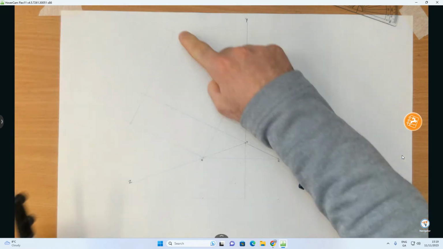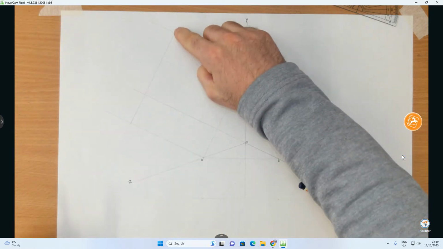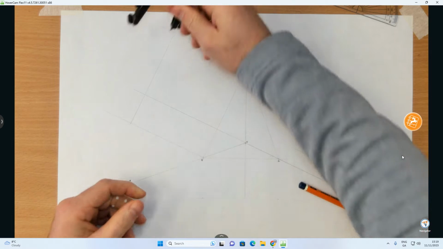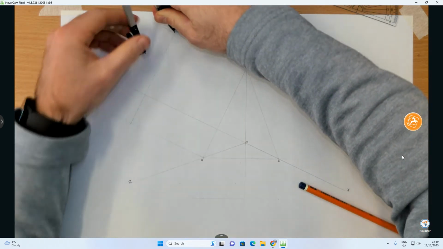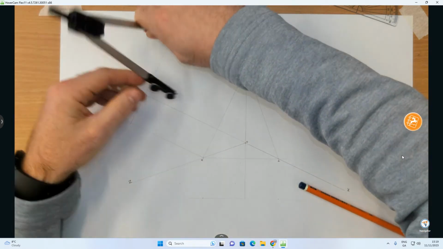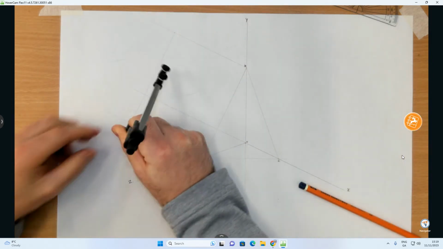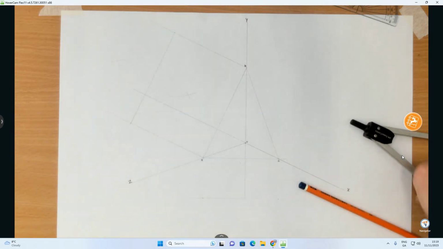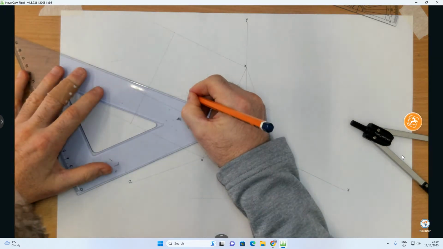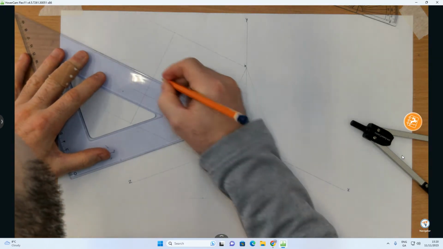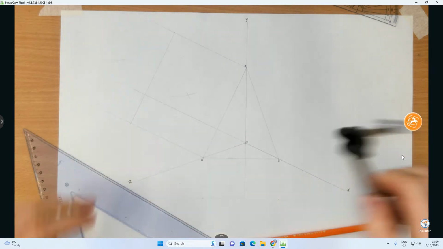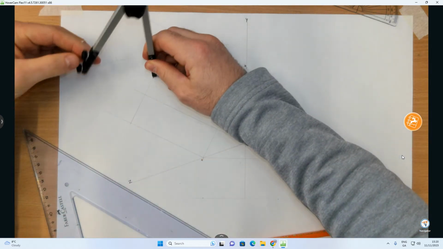Now what we want to do is set up a semicircle, and we're going to bisect this line here. So, at the end of that line, I'm going to bisect it. Once I get that bisected into the middle, I'm now going to do a semicircle.